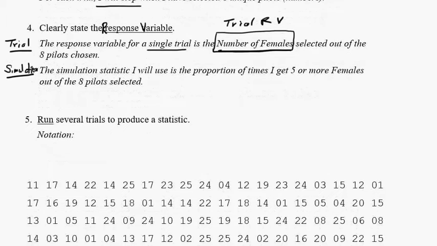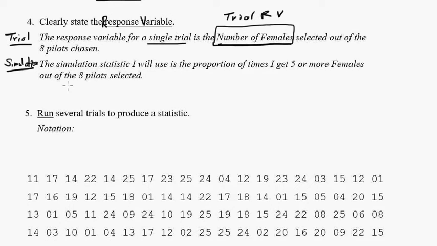Now, that's not sufficient here. Think of it like this. We get trial 1, we get 4 females. Trial 2, we get 6. Trial 3, we get 1. Let's say we did 3 trials. These are our trial response variables.